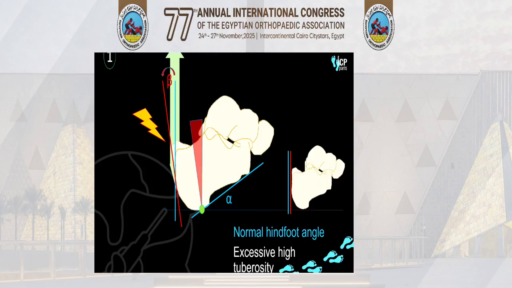And end up with this position. So because the angle alpha is normal, it's really important to keep the vertex posterior to avoid the elevation I just talked about before.